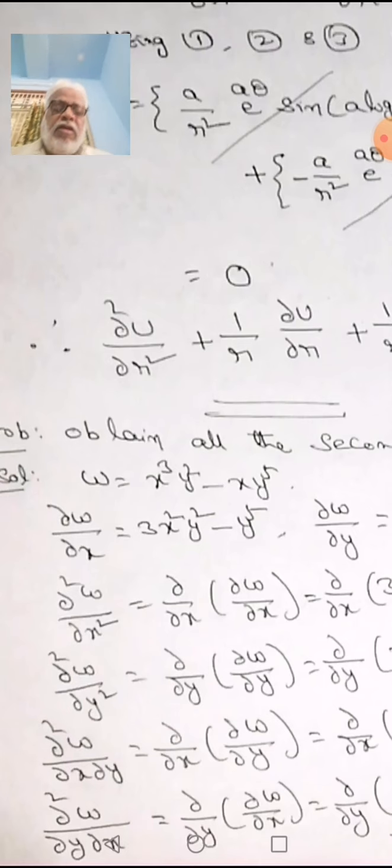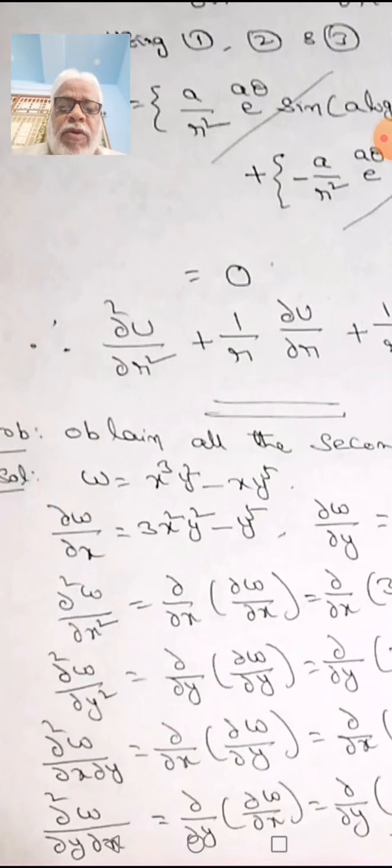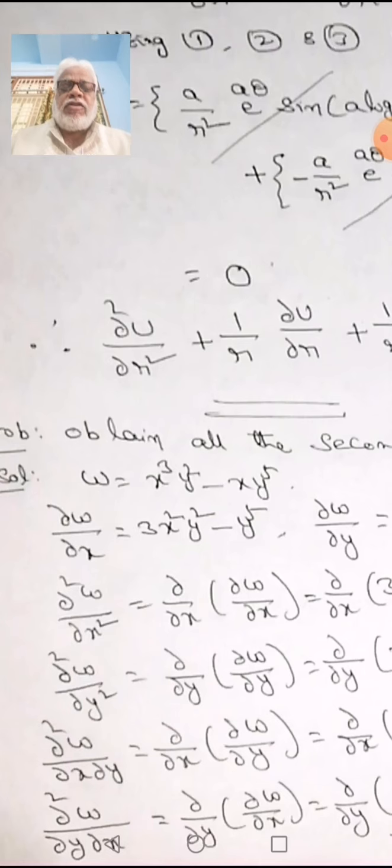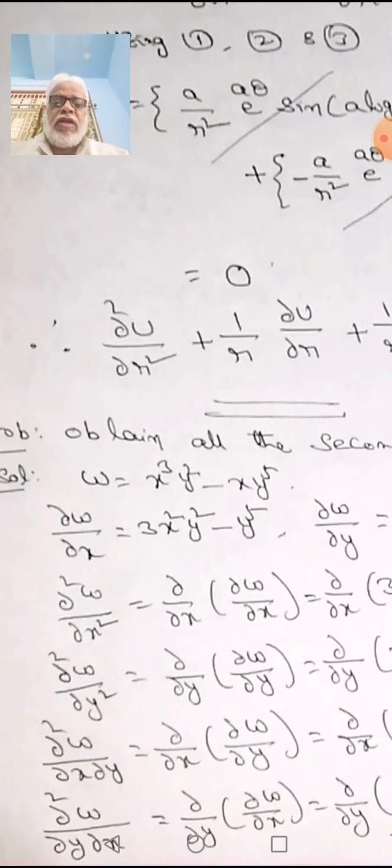For this, definitely we first find ∂w/∂x and ∂w/∂y. What is ∂w/∂x? It is 3x square y square minus y power 5, because the derivative of x cube is 3x square, and the derivative of x is 1 into y power 5.